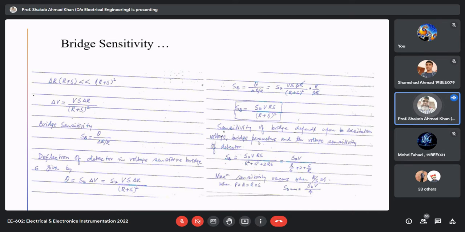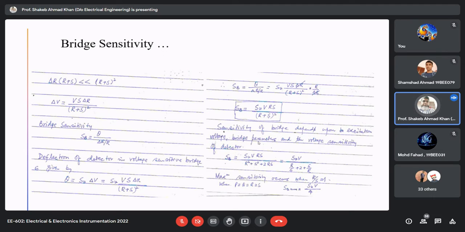So with this analysis we are able to find out the sensitivity of the bridge, the condition of maximum bridge sensitivity, and how much the maximum sensitivity is. This analysis and these formulas will be handy when you are designing and implementing a bridge.